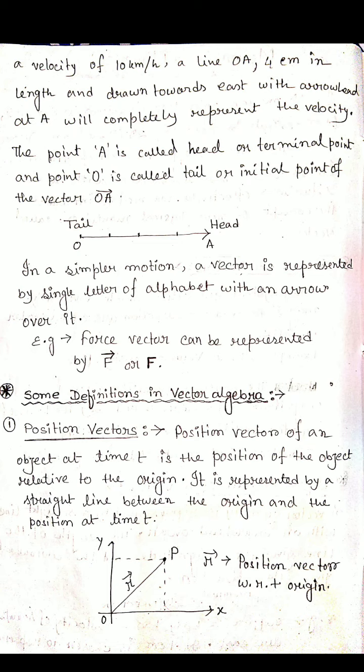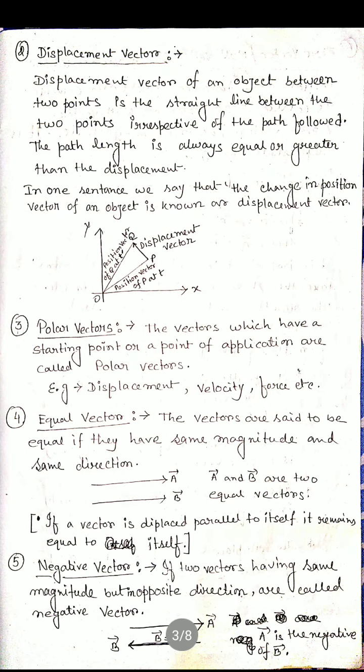So in 2D the position vector gives us the position of the object at a certain time t relative to the origin, and it is represented by a straight line between the origin and that point. Clear? Okay. Now the next vector is the displacement vector. It is also very important.